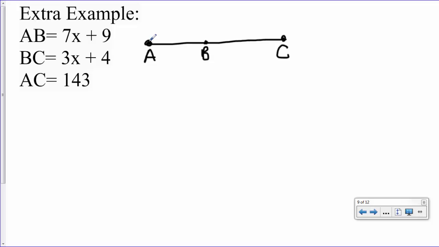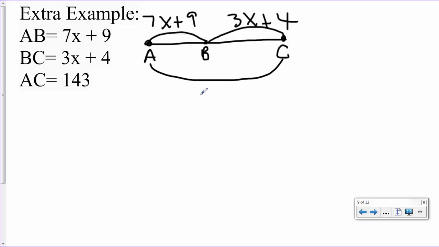Label the drawing. A to B is 7x plus 9. B to C is 3x plus 4. And A to C is 143.